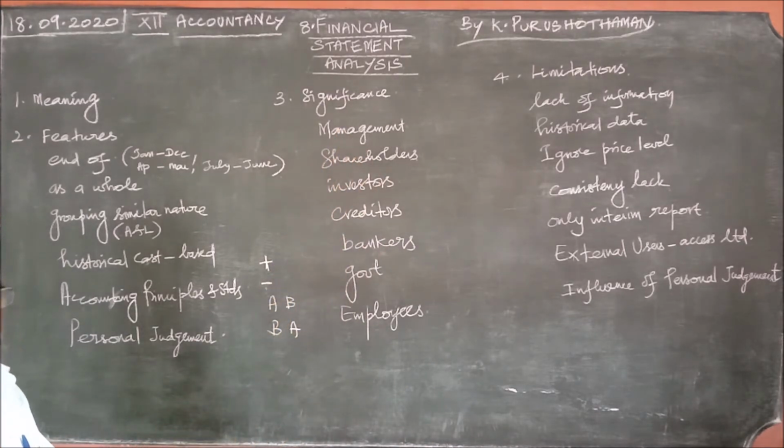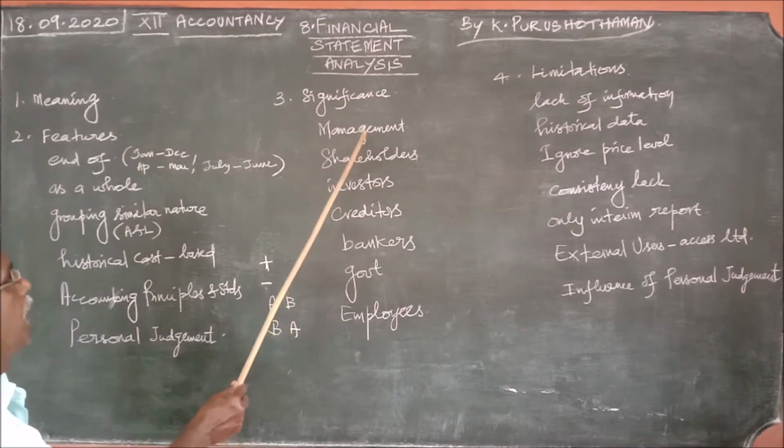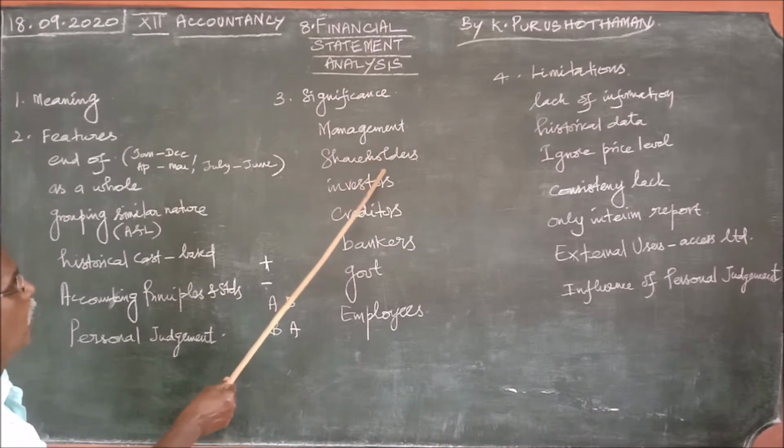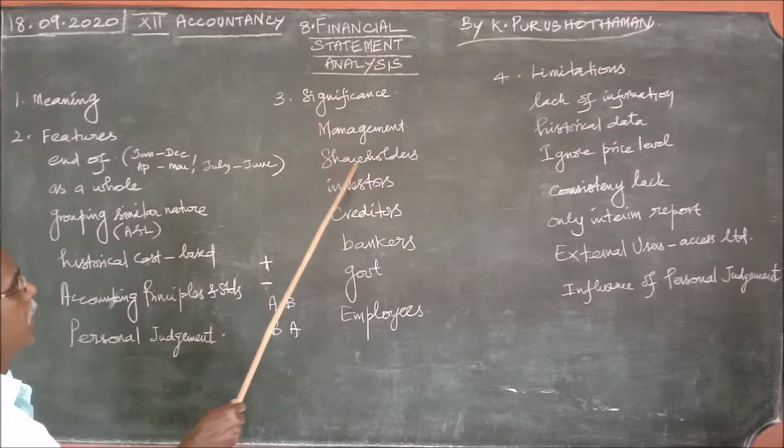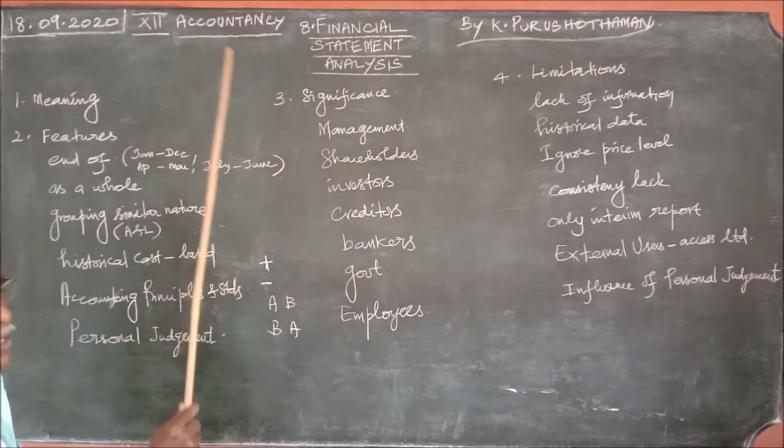So they will try to see how the business is run. They may have additional interest in whether it is run profitably or not. Everything will be seen by these shareholders, because they have already invested the money into the business. So the second significance is regarding the shareholders.